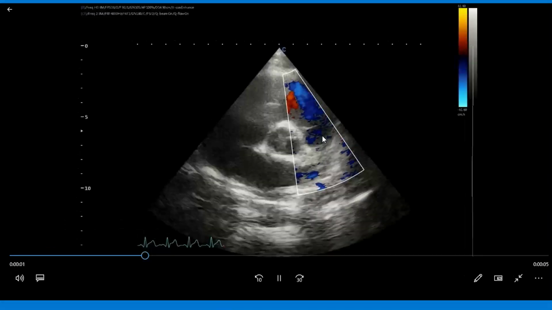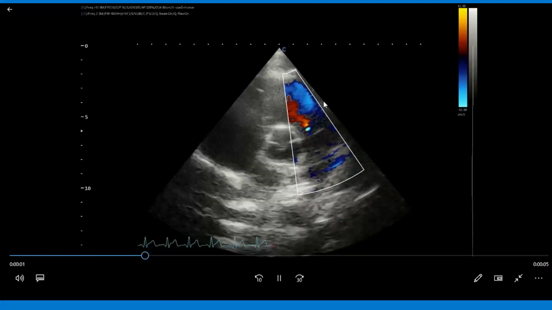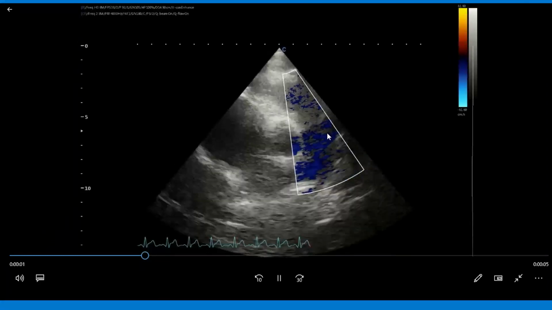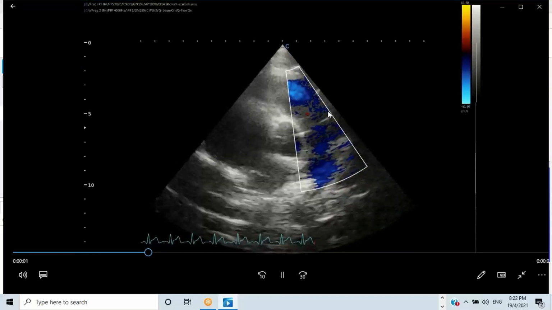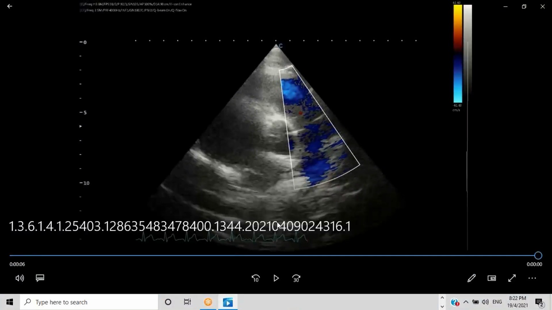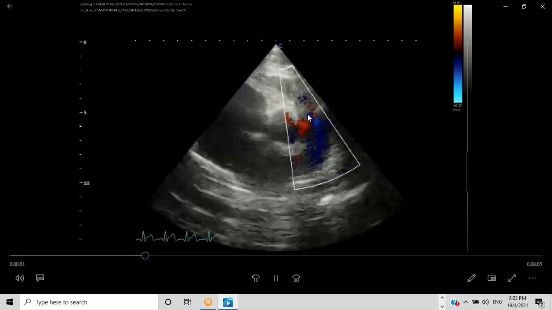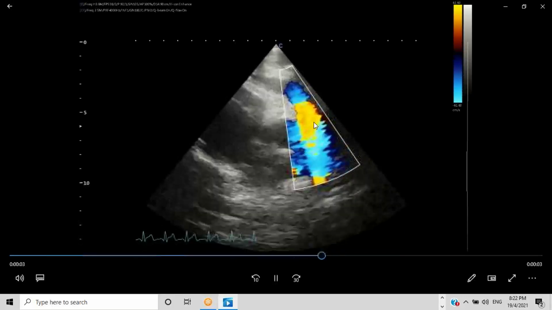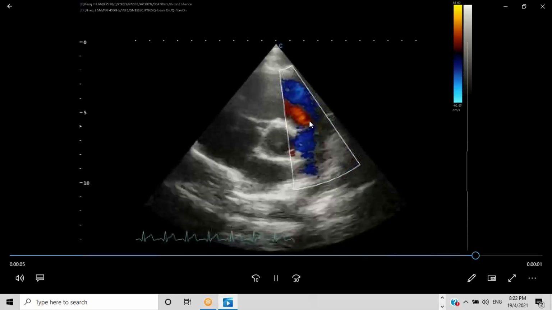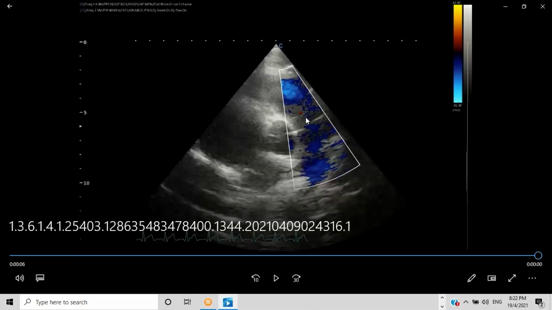Okay, so you put your color across the pulmonic valve. We're looking for pulmonic insufficiency. If you look closely, there's a little red jet right here. Okay. So again, your transducer is right there.